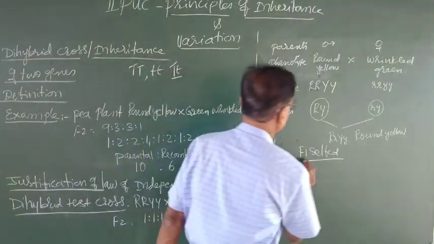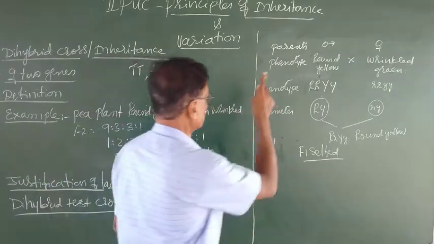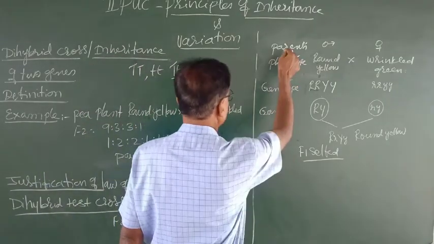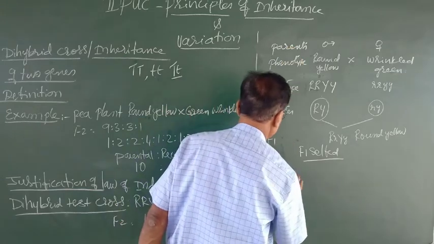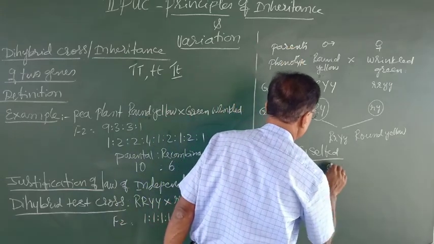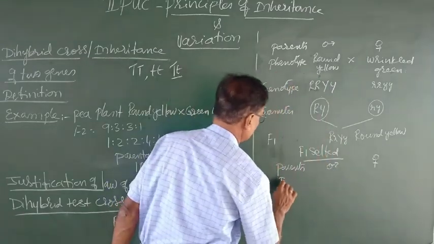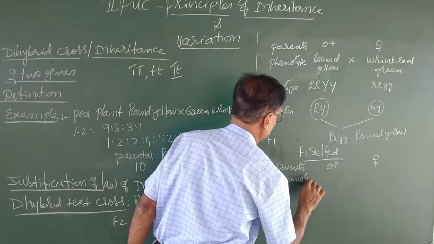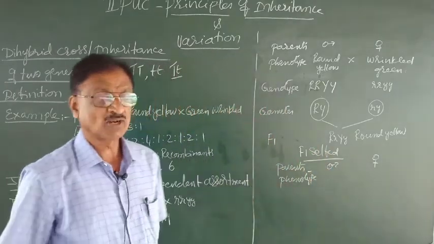Or simply we can refer to it as F1 selfed. Now, let us write in this manner. First of all, parents, as usual. And then what we have to write? Phenotype, the external appearance of an individual, which we have to write.